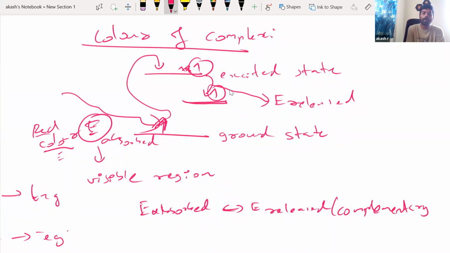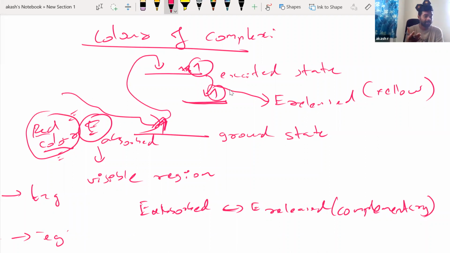That means for every color which is getting absorbed, there will be a complementary color. For example, if red is absorbed, I think the complementary color will be yellow. So if something is able to absorb red color, it will look yellow in color. Again, I repeat, if I am absorbing red color, how I look in appearance will be yellow in color.